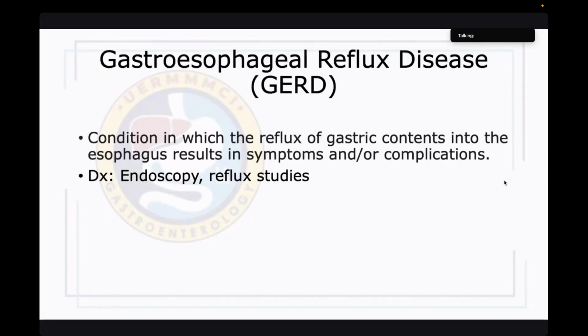These numbers are important because GERD can lead to adenocarcinoma. GERD is defined by the American College of Gastroenterology as the condition in which the reflux of gastric contents into the esophagus results in symptoms or complications. The diagnostic modalities that are often used are endoscopy and reflux studies.